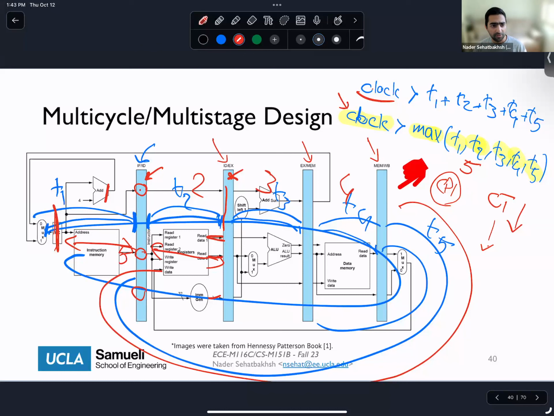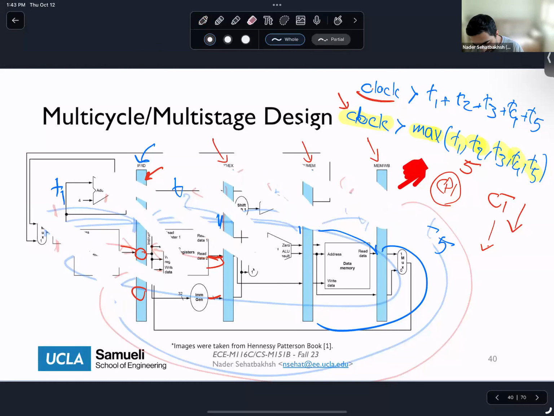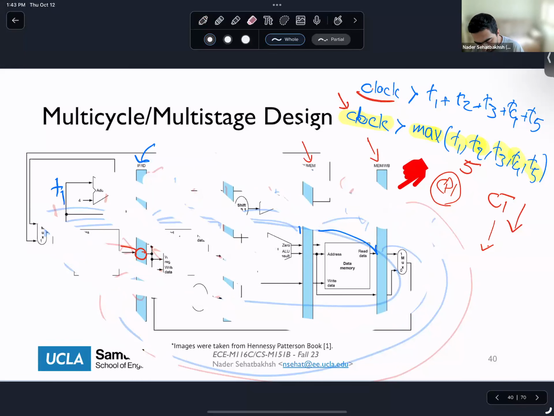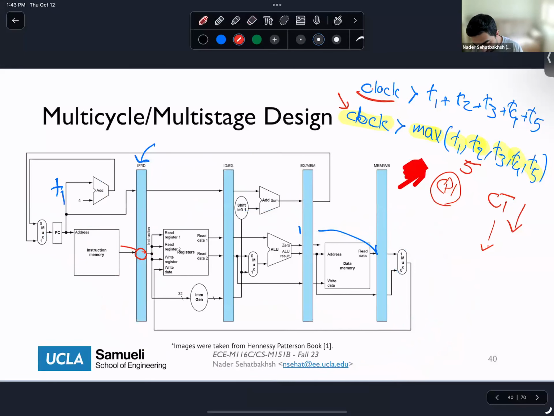But somebody said, even with the breakdown it's still dependent on the previous stage time, right? So as you can see here, my clock time is now much faster. In the past, my clock time was T1 plus T2 plus T3 plus T4 plus T5.